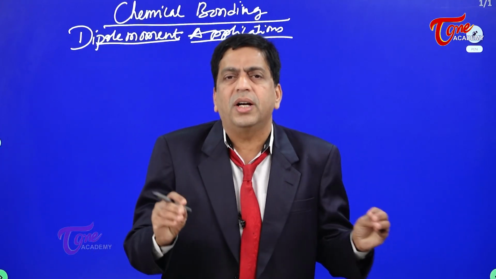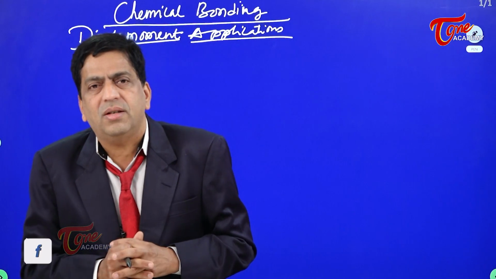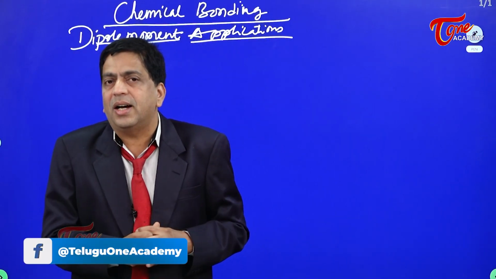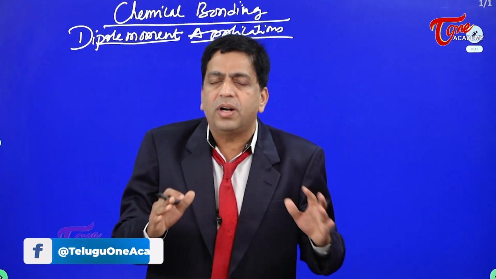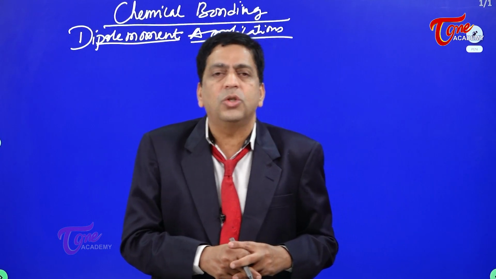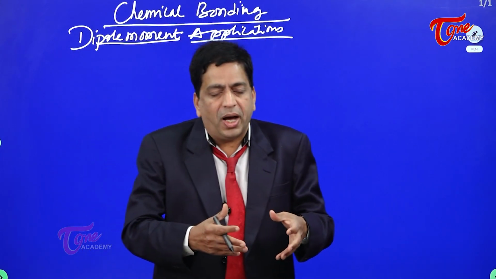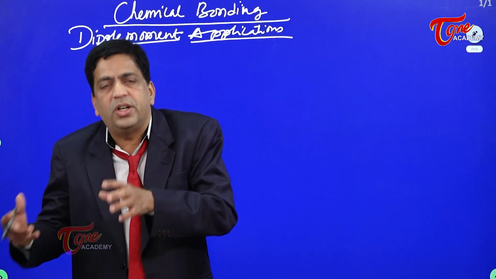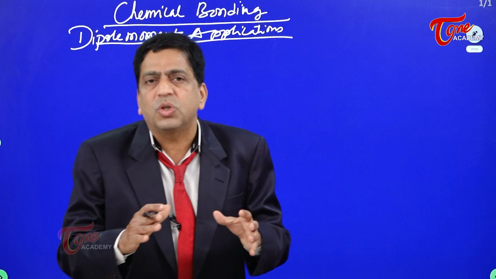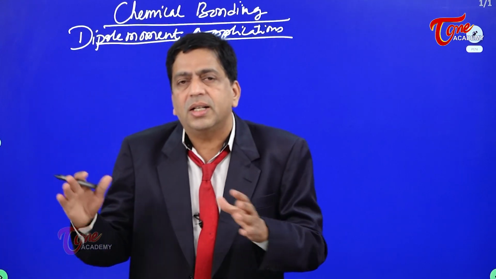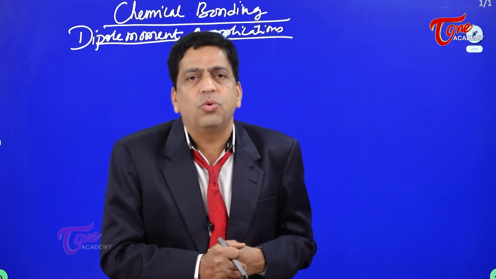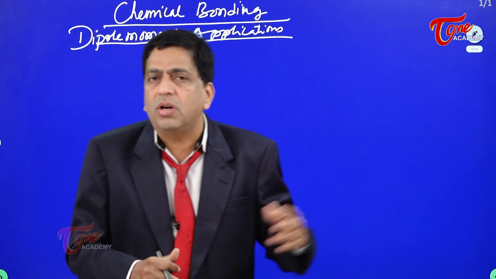You must understand that ionic character is induced, but the bond remains covalent. It remains covalent for the simple reason that the bond pair is only shifting towards the smaller atom; the atom is not leaving the shell, and the other atom is not gaining the electron. If that was true, then it would be a 100% ionic bond.